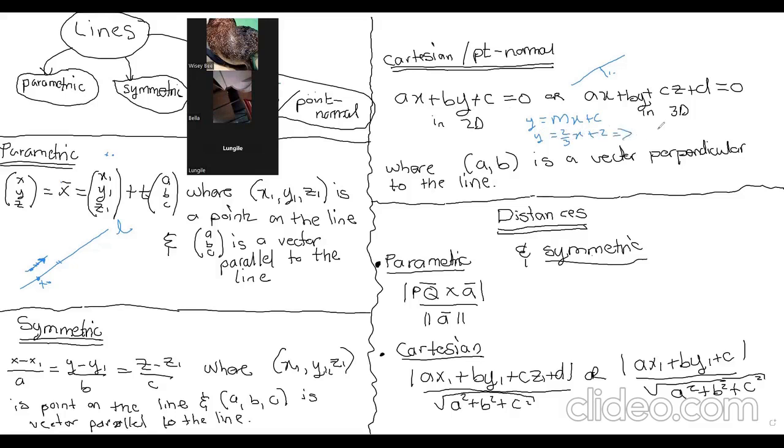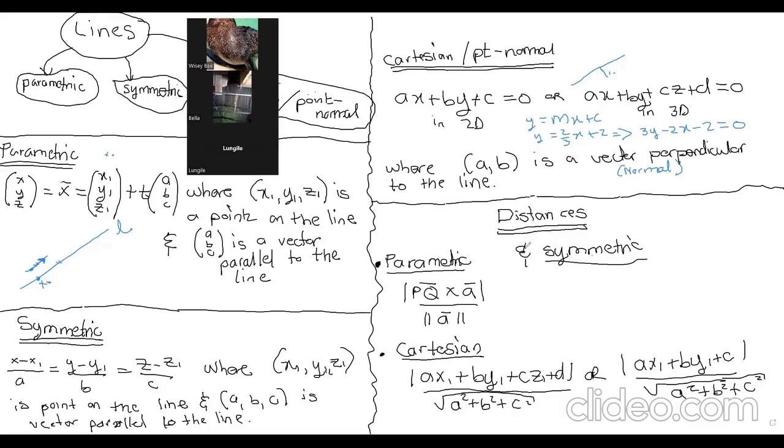This is the same as 3y minus 2x minus 2 is equal to 0. So basically, it's the same thing. It's the one that we're used to. It's a Cartesian, or sometimes called point normal form, because of this normal. Because a perpendicular vector is also called a normal.